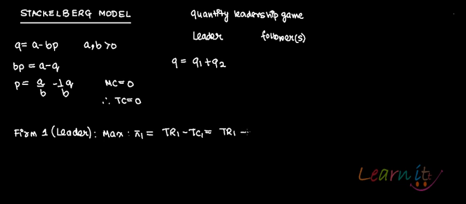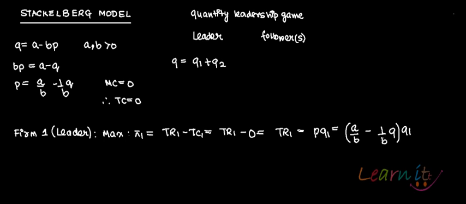But there are no costs, so this is equivalent to maximizing total revenue. What is total revenue? Price times the quantity being supplied, which is Q1 in this case. What is price? A by B minus 1 by B Q, into Q1. But there is no follower right now.